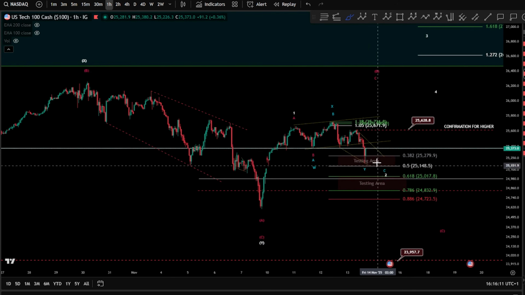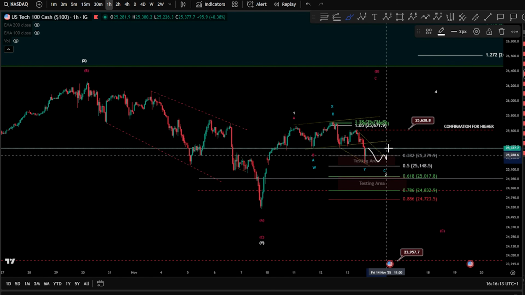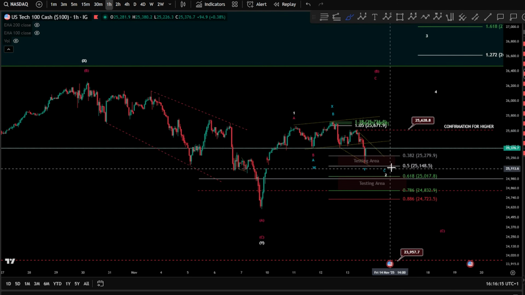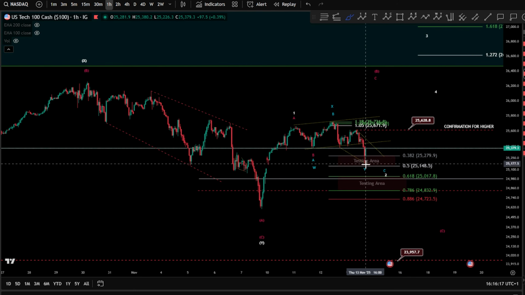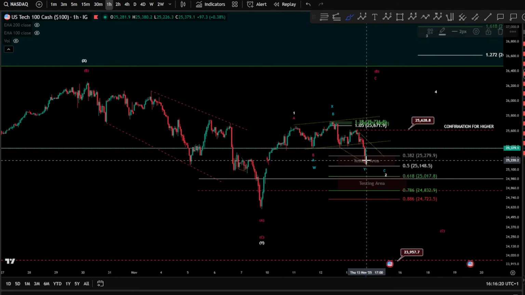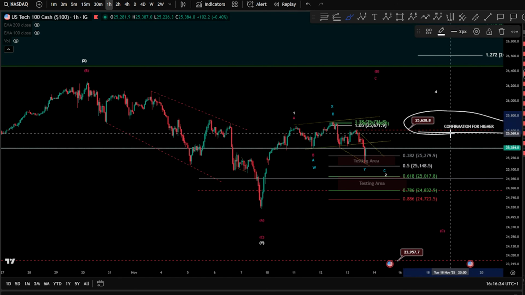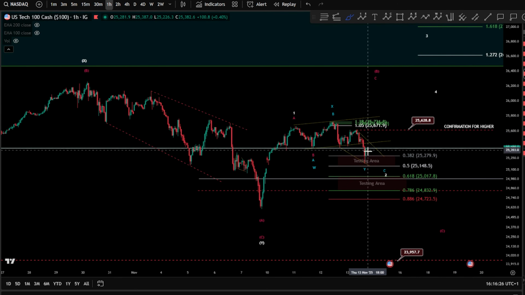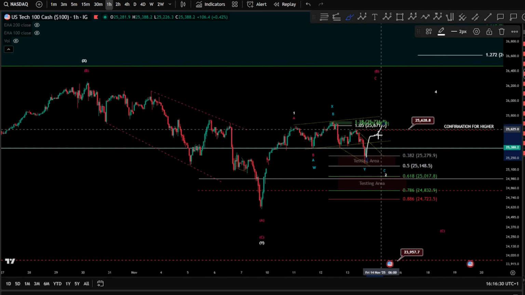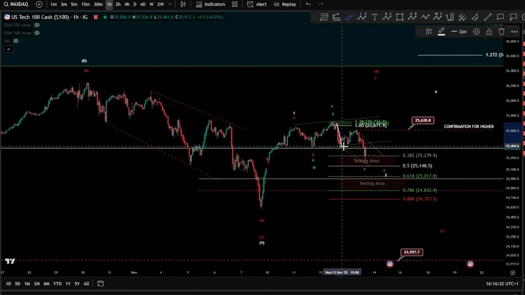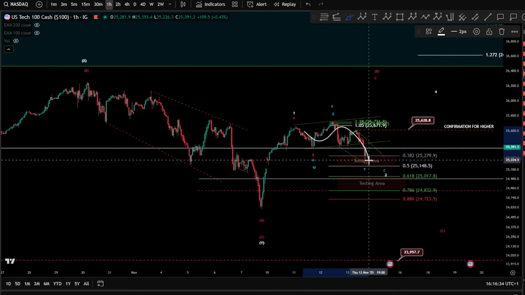From there, if we see continuation toward the upside, that would be a good signal. In case we are in a wave Y, you would like also to take the high here. So the confirmation for higher is the same in any case scenario, because if we move for higher, definitely this has finished as a zigzag W, X, and a Y.